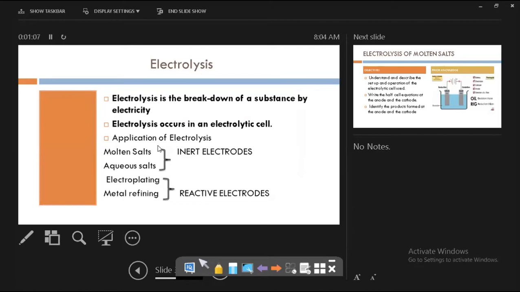And this will be the final topics on unit 12.3. So for inert electrodes, we will look at electrolysis of molten salts and aqueous salts. And for the reactive electrodes, we will look at electroplating and metal refining. But for today, we'll try to cover electrolysis of molten salts and aqueous salts if we have time.